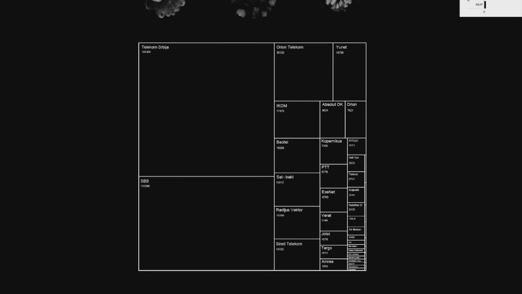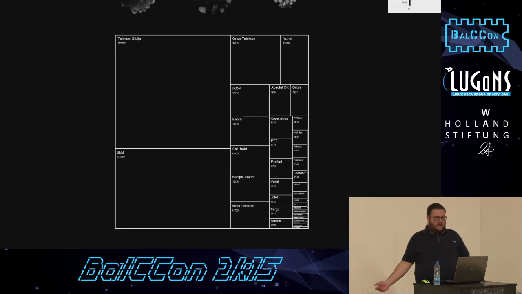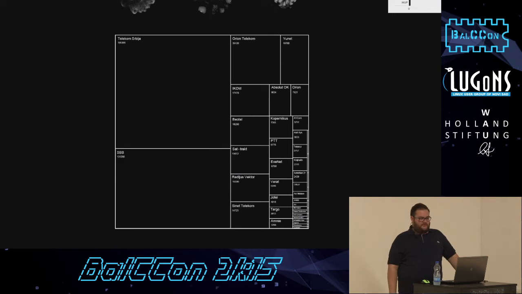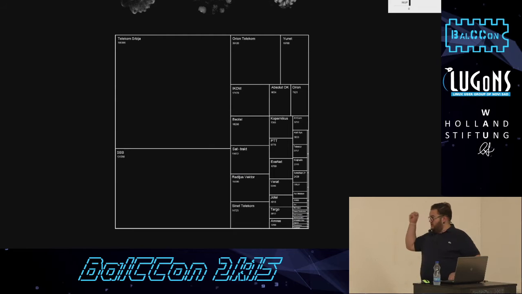So Telekom Serbia has the biggest portion of the IP address space assigned to Serbia. Then it's SBB and some other providers. What you're going to see now are logical maps. So they're not physical like a land map, but logical maps of the internet of Serbia. And what I want you to think about is the concentration of the points, of the hosts, at every one of these maps.